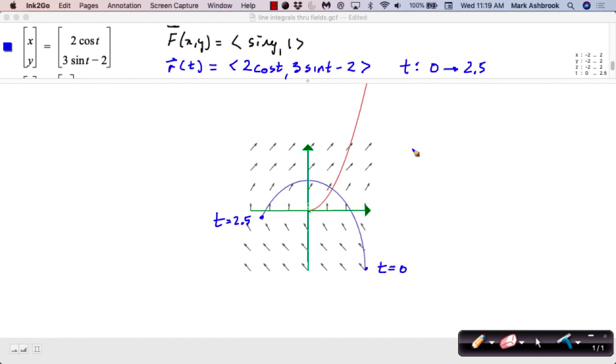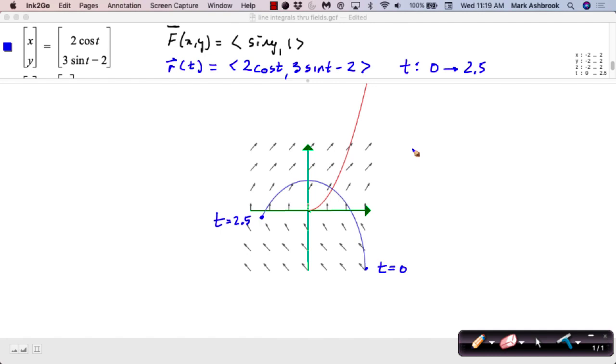So what do you predict? Yeah, maybe close to 0, but maybe positive. It's looking like there's a little longer stretch of positive there than the negative, but in the negative, most of the component of the vector is really in the direction of the curve. So it's really up for grabs.